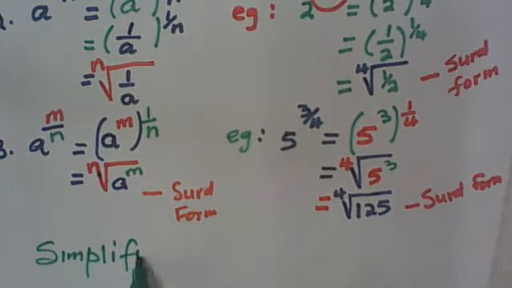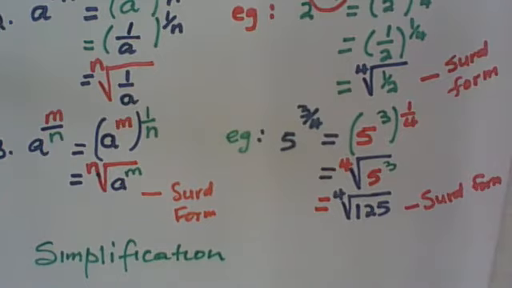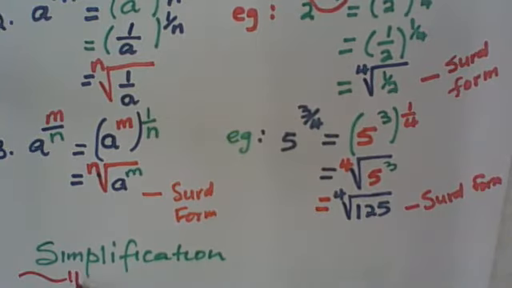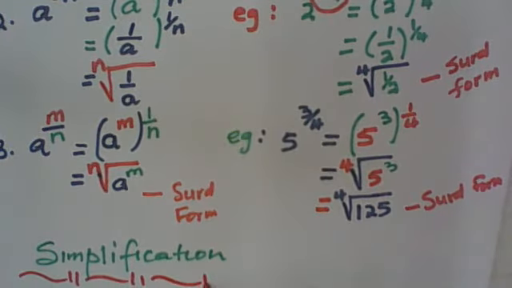Simplification. For simplification, we need to make it very, very simple. Suppose we have 2 or 3 surds, factors of surds.